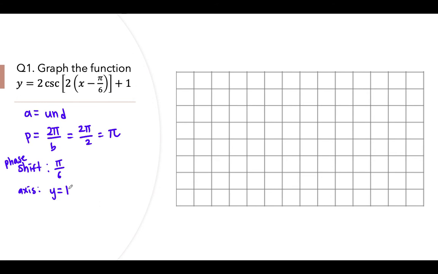Once we know all this information, let's label the axis. So we have the axis over here and over here. Now, same thing as for sinusoidal and tangent, it's important to know how the graph of the cosecant is going to look.